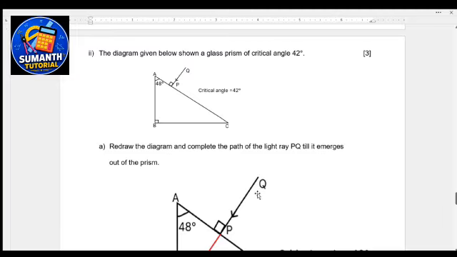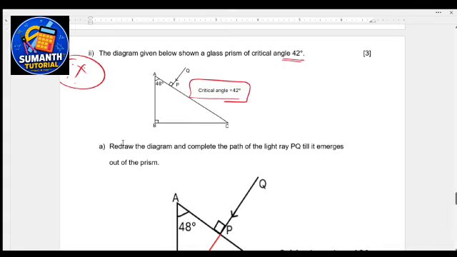Now see here, this is the most important question here. Important one. I'm going to teach how to redraw it. See, the question is like this. The diagram given below shows a glass prism of critical angle 42 degrees. They have marked here also that the critical angle is 42 degrees, and the incident ray is PQ.